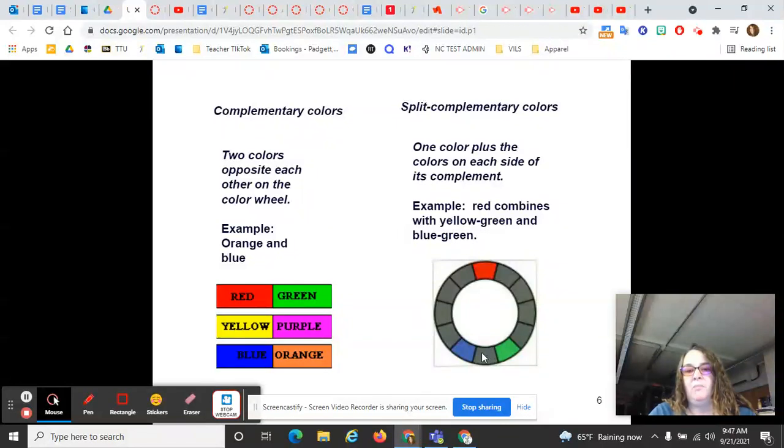Green would be the complement, but we're not going to use green. We're going to split that complement and go to the left and to the right of that color. Okay, so basically you've got yellow green and blue green on each side of green. So that is the split complement of red.